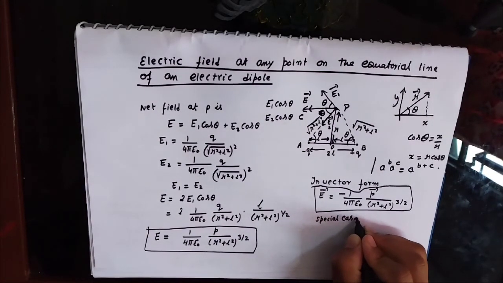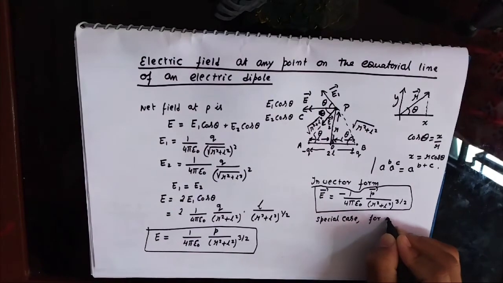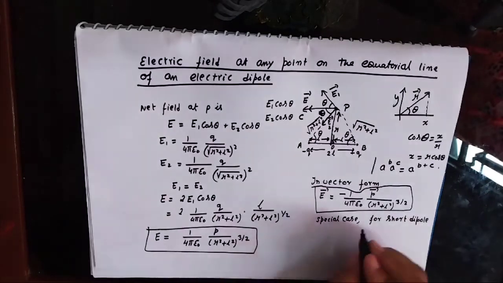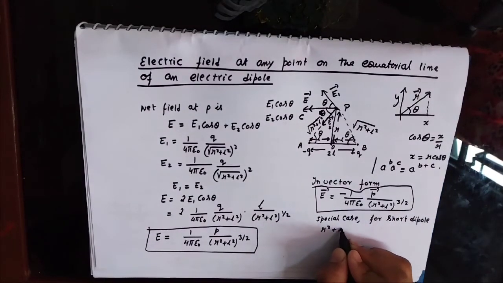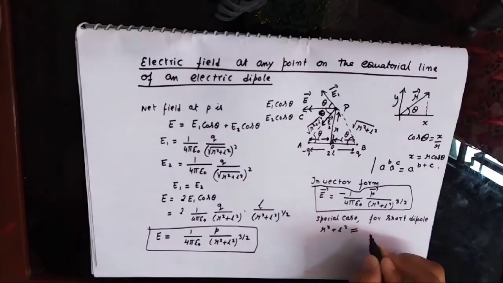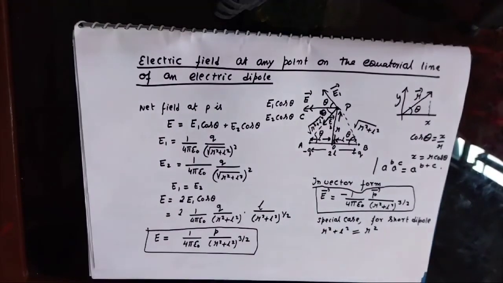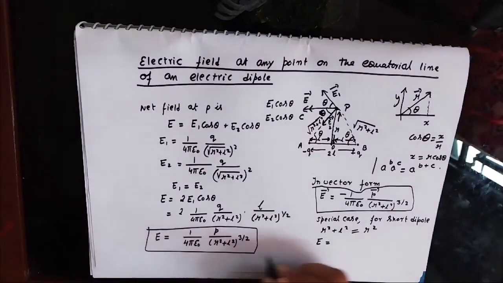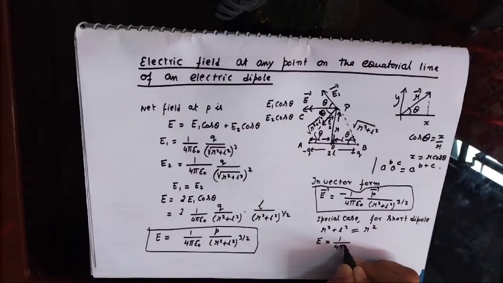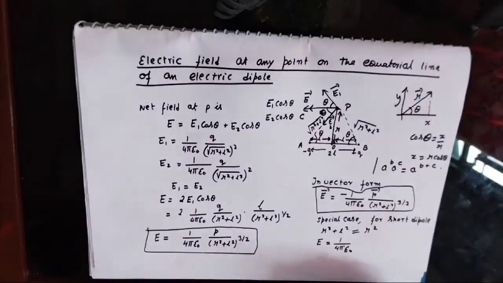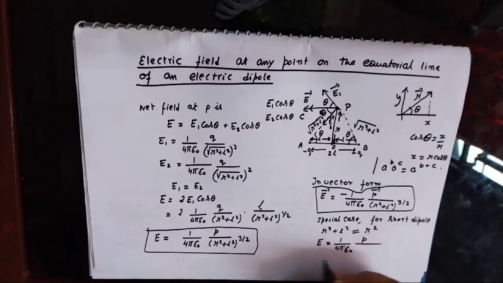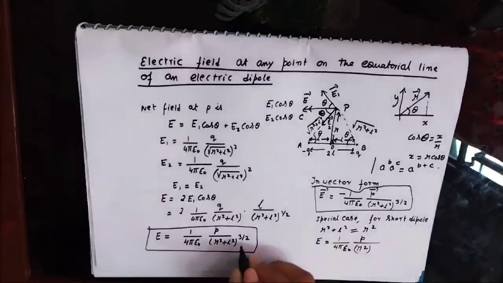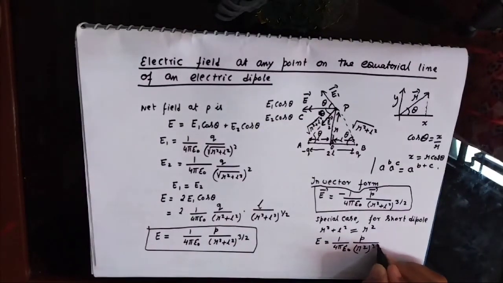Next, special case for a short dipole. r square plus L square is approximately equal to r square. So here, what is the electric field? 1 by 4 pi epsilon naught, then p, r square plus L square we can write as r square, then to the power 3 by 2.